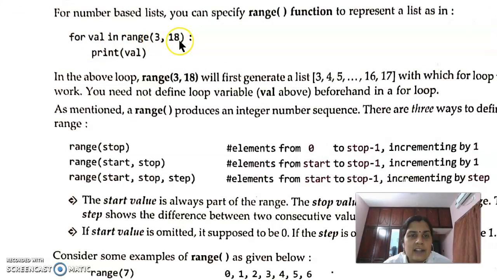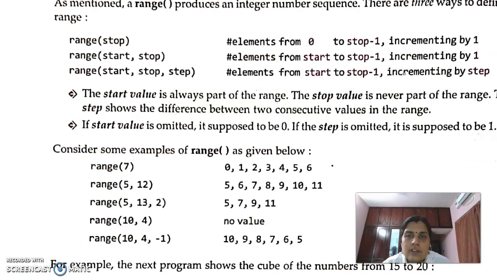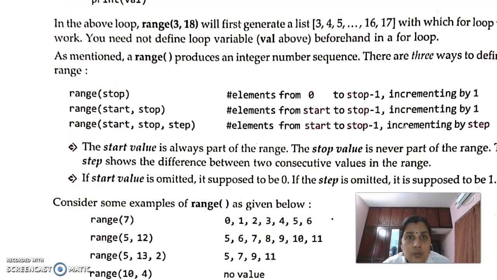This is the start index, this is the end value, then 3 plus 1 is 4, 4 plus 1 is 5. In each iteration, first the value of val becomes 3, then 3 is printed. Then again it goes to the for loop, the value is incremented to 4, then 4 is printed. Like that, looping takes place. So this will be the output of the for loop. By using the integer range function, we can give an integer sequence as a list.